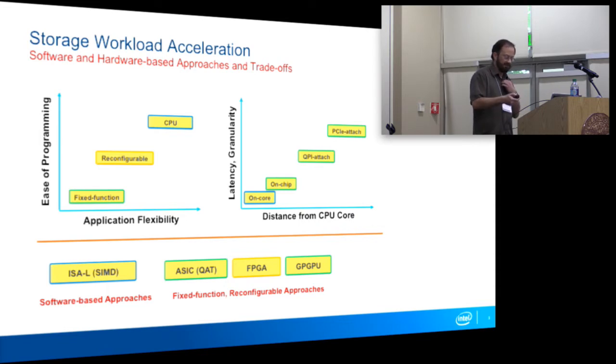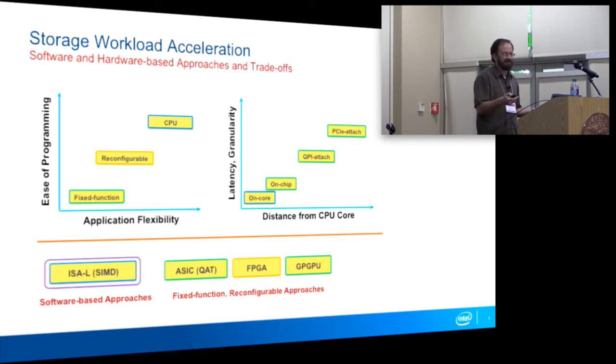But there's also a trade-off in flexibility when you're doing it on the CPU. It's usually easiest. You can usually use a synchronous interface. But whether you're using an offload that's reconfigurable, maybe not so bad, but a fixed function, certainly less.